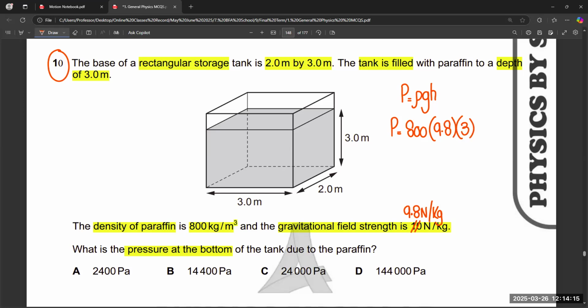According to the diagram, this is the depth or the height. Multiplying this gives the answer 23,520. If you were to round it off, it would be 24,000. C. Yes, correct, sir. Okay.